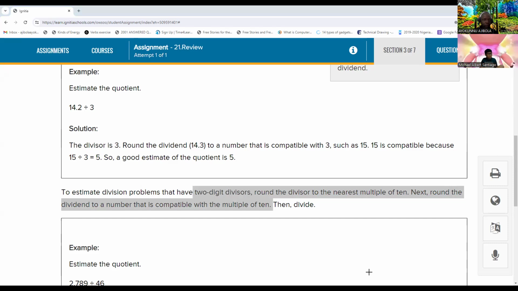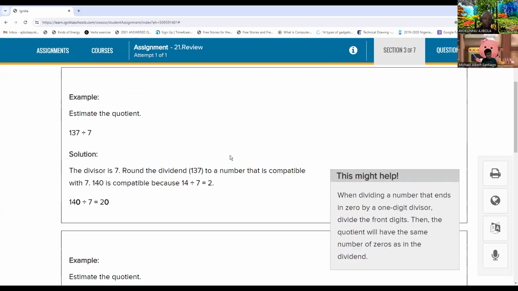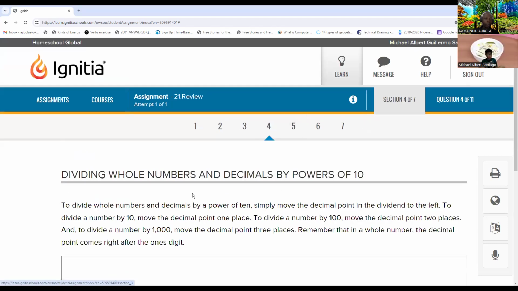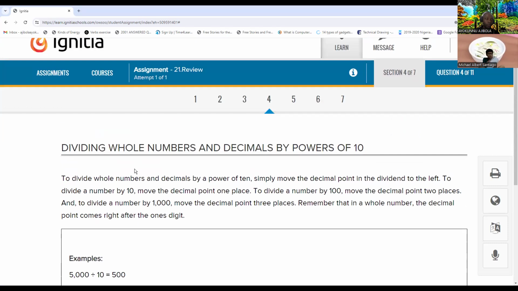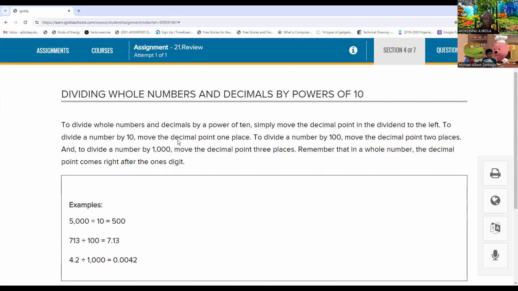So that means we can continue, right? Yes. Okay, good. So the next section: to divide whole numbers and decimals by powers of 10, simply move the decimal point in the dividend to the left.